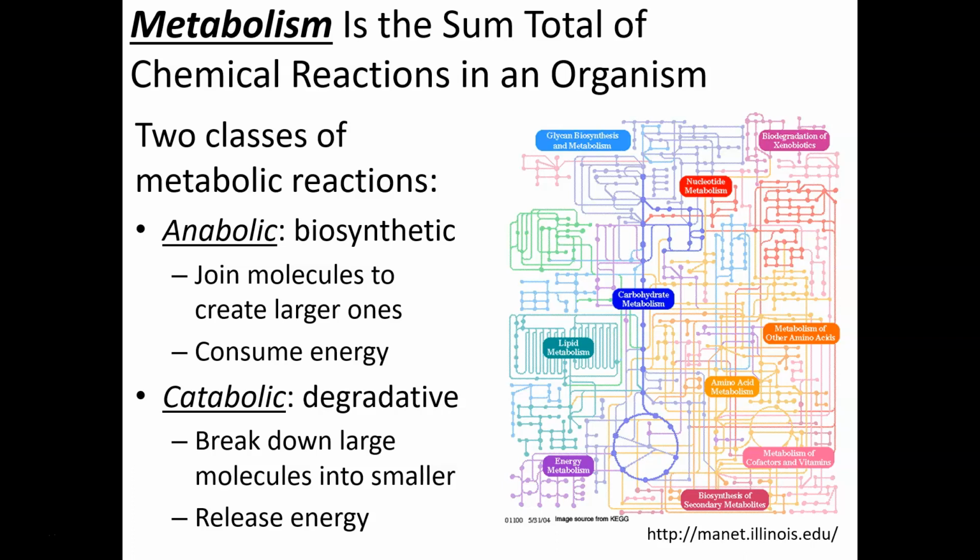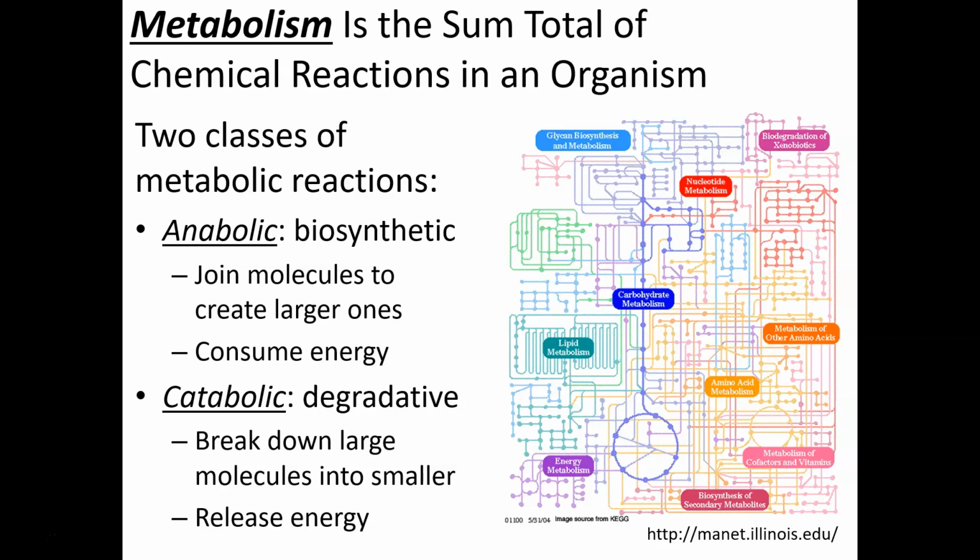So if you think about anabolic, it means to make larger molecules. Anabolic processes consume energy, because if I need to make a bigger molecule, I need to take a small molecule and put more bonds on it. Remember, bonds are energy, so I have to put energy into that.